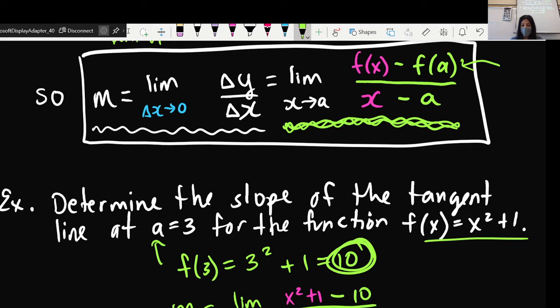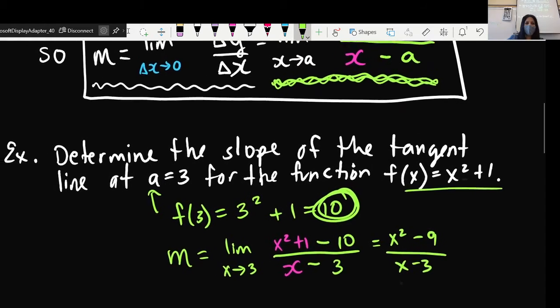Good? And then this is why we learn all this stuff. We apply all the tools that we've learned over the years. So I would simplify at the top. I would see that I get x squared, and I have 1 minus 10, so it's going to be minus 9. And at the bottom, we have x minus 3. And at this point, I just can't color code anymore. Are we good? Okay.